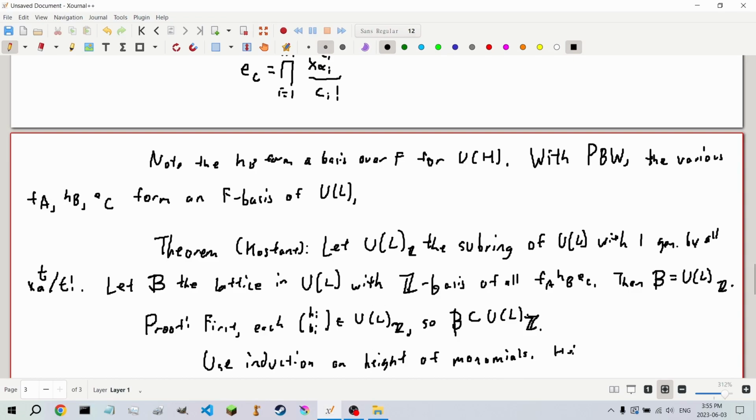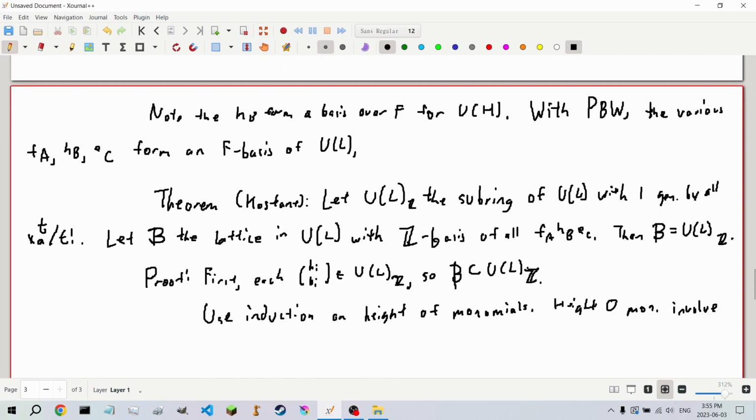Height 0 monomials involve only factors of the form h sub i minus j choose k and lie in our B by the previous proposition.